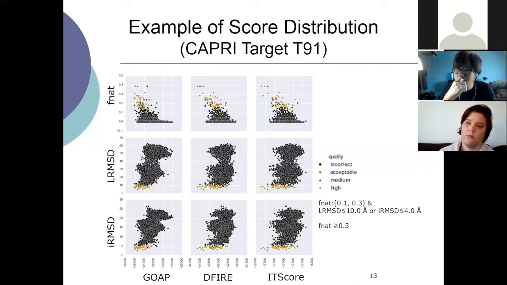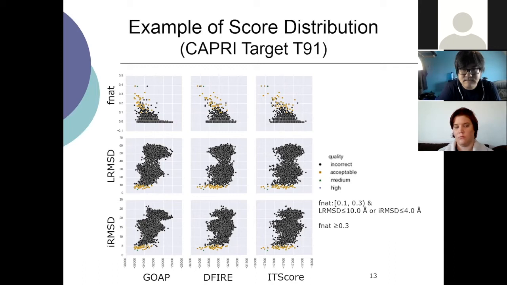Okay, so actually, these GOAP, DFIRE and ITScore we are using were designed for general protein structure prediction. They were not necessarily originally designed for selecting the correct interface of protein docking models, but it turned out that although they were not originally for protein docking, we are using them because they seem to work well.